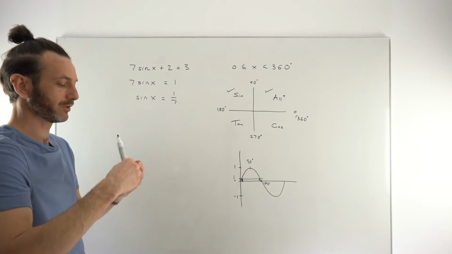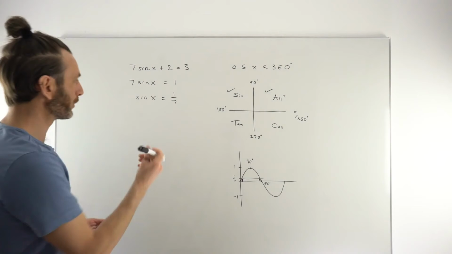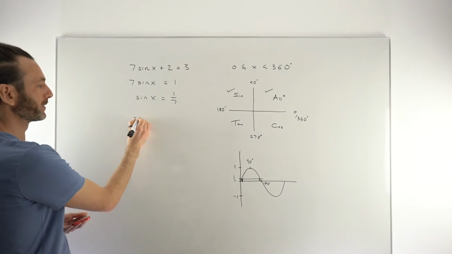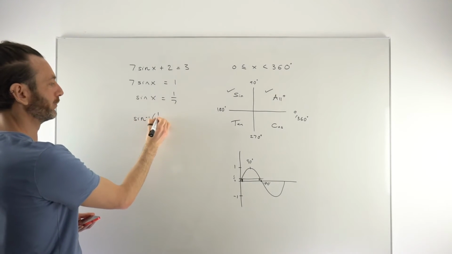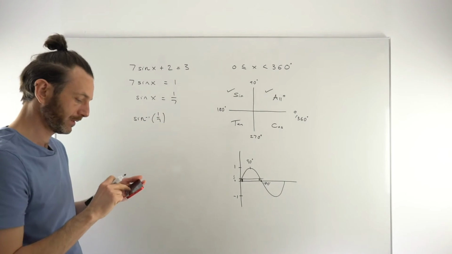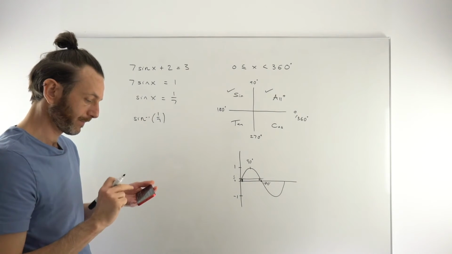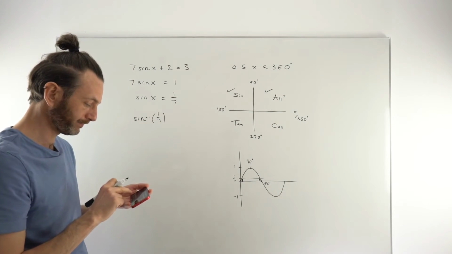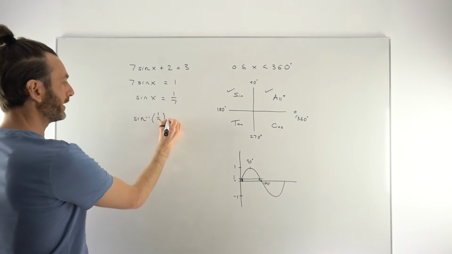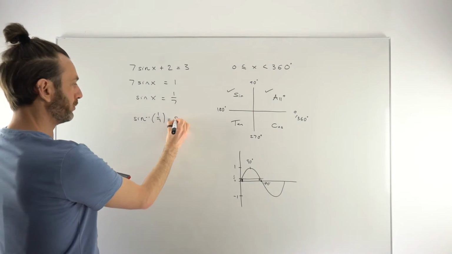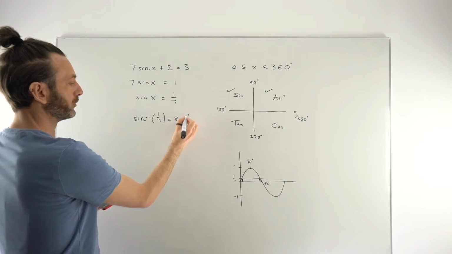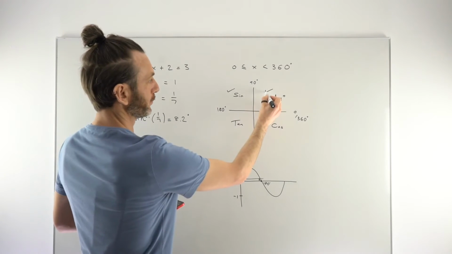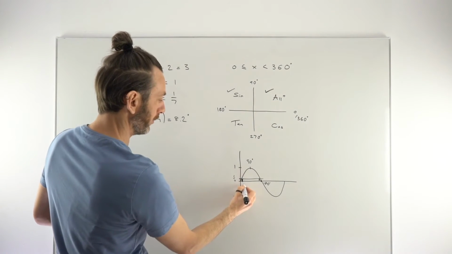So now we're going to turn to the calculator, and we're going to do sine inverse of 1 over 7. Okay, and that comes out to be, as predicted, quite a small number. It's come out to be 8.2 degrees. So that is basically the solution here on the graph.